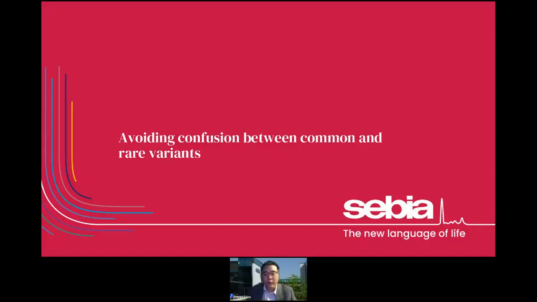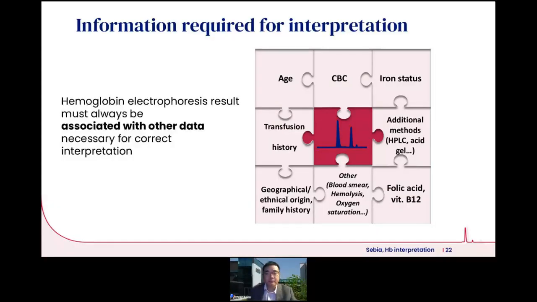So how do we avoid confusion between common and rare variants? Importantly, when we consider every hemoglobin electrophoretic result, we must also associate it with other available data for correct interpretation.